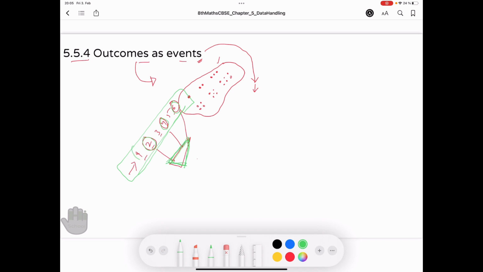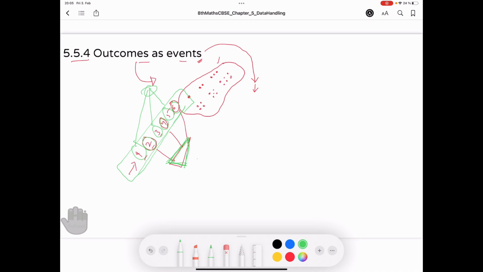Similarly, getting an odd number is an event, in which case the three numbers 1, 3 and 5 get grouped together. Any group we can form that has multiple outcomes with a common property is an event.